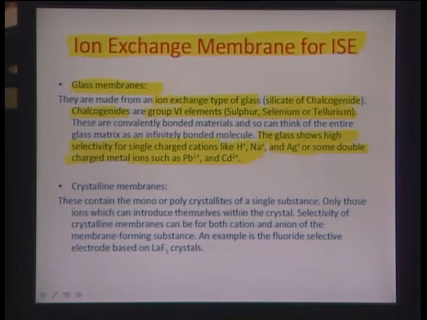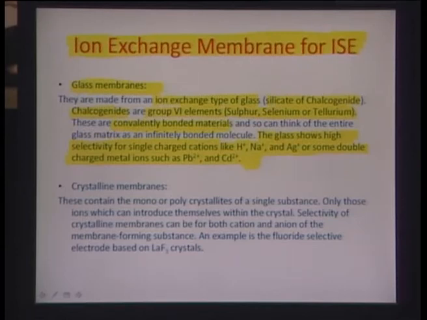These glasses show a strange tendency of adhering to a certain size with a single charge and a certain size with a double charge. So that is probably related to the crystal structure of these covalently bonded silicates of chalcogenide.